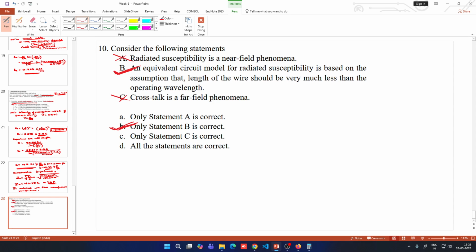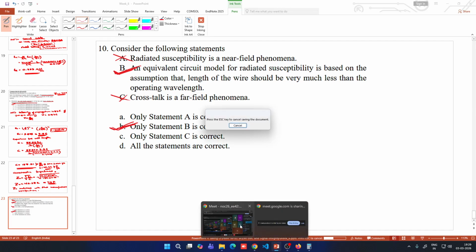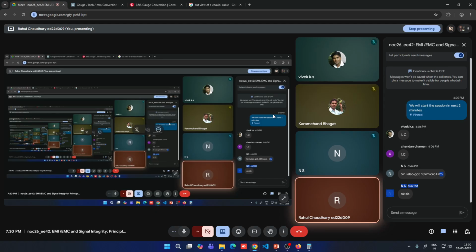If you have any doubt in this, please let me know. The doubt related to the conversion of the gauge into meters or millimeters, I will clarify in the next session. I will go through the textbook and solve a few problems in the exercise, then match them with the solutions that are given.